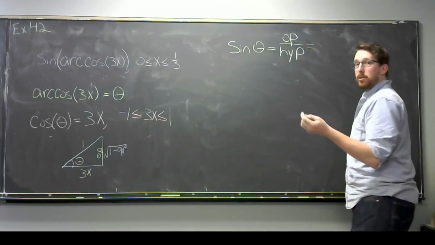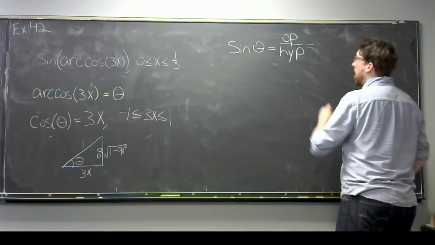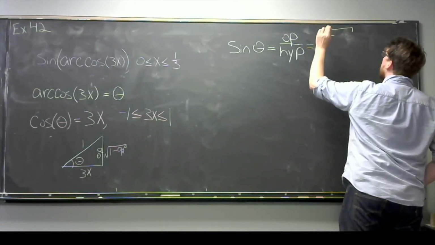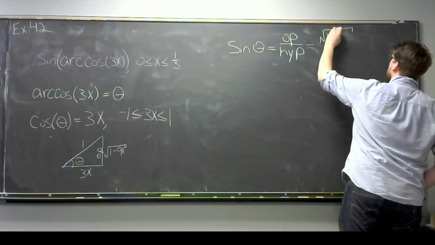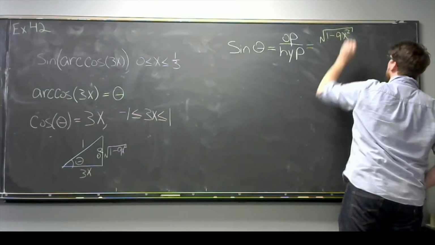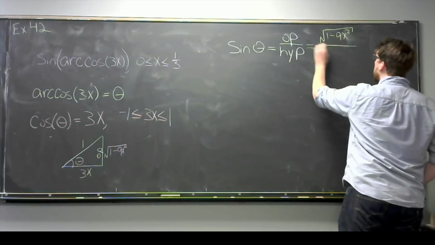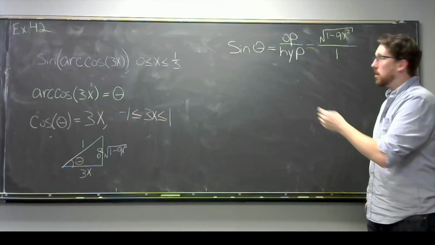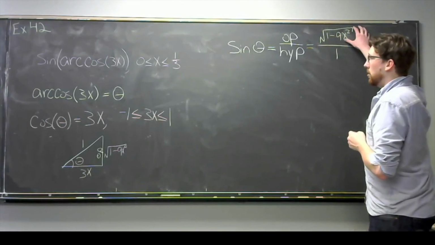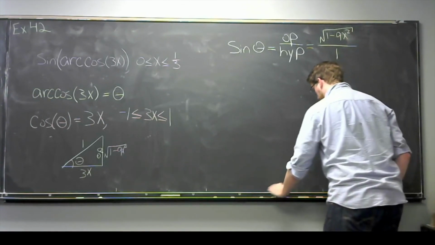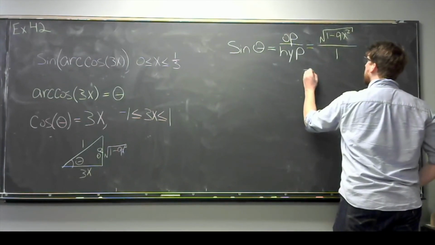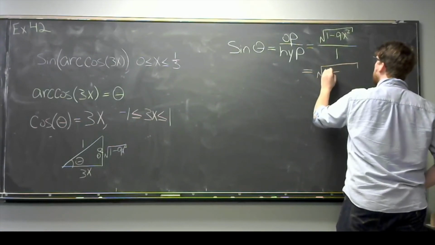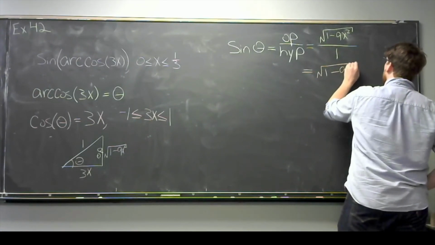So we can go ahead and plug those in. The length of the opposite was the square root of the quantity 1 minus 9x squared, and the length of the hypotenuse is 1. Well, that reduces down, doesn't it? To just the radical. So all of this is really just equal to the square root of the quantity 1 minus 9x squared.